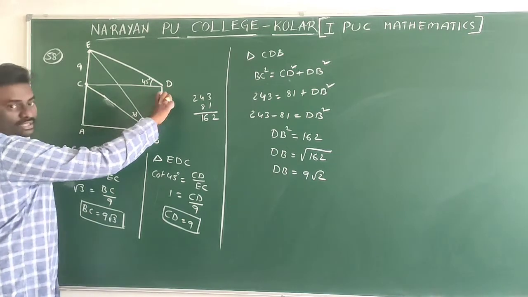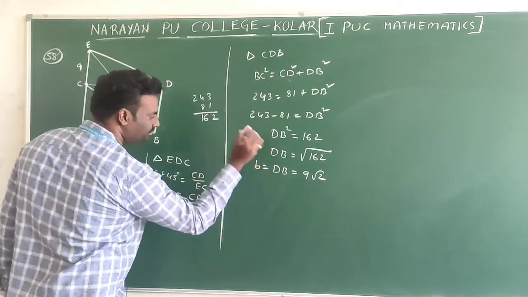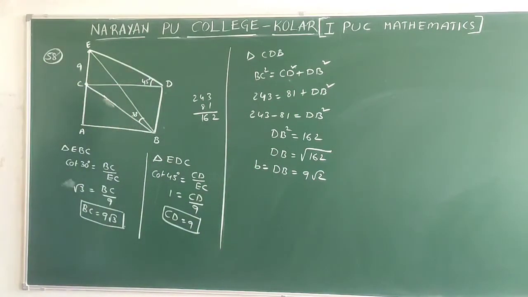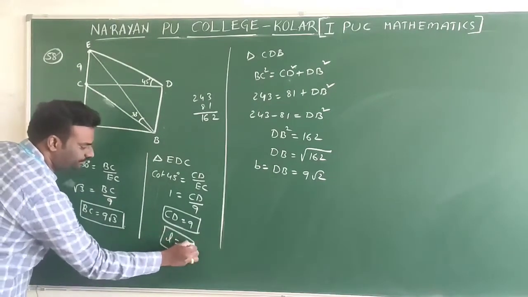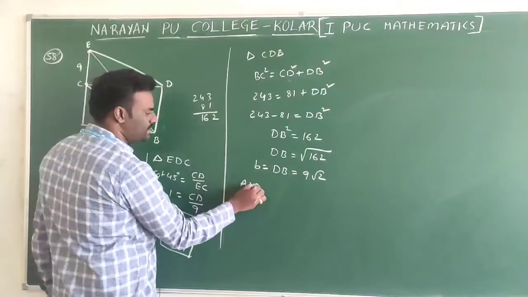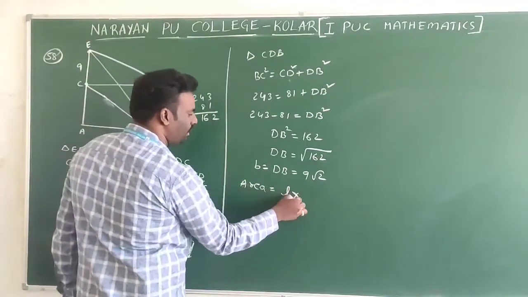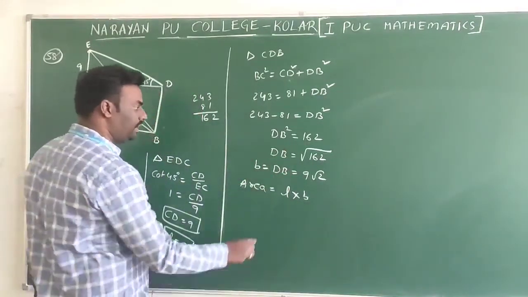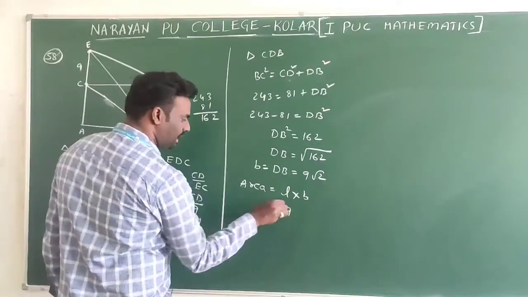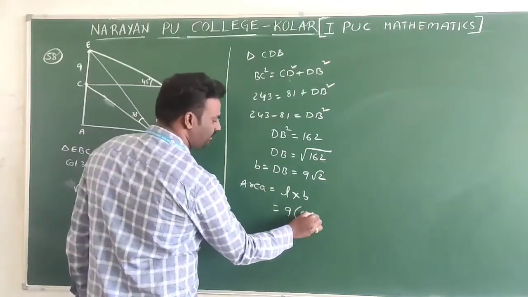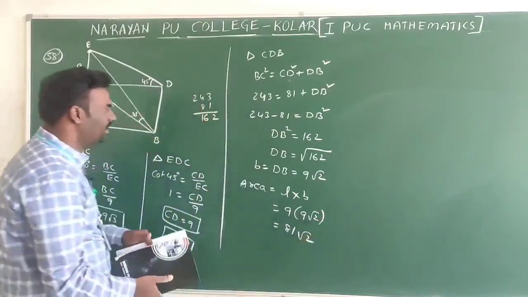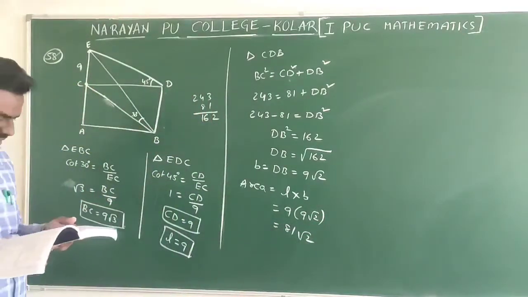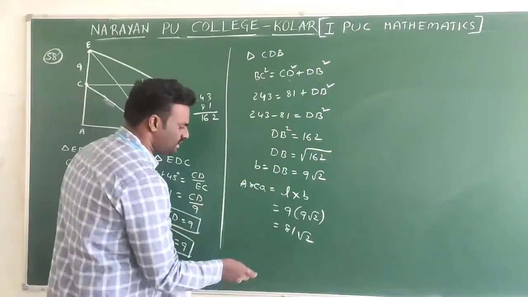DB is nothing but breadth, and length we already got as CD. Then area is length into breadth. Length is 9 and breadth is 9 root 2, so 81 root 2 is the answer, that is option A.